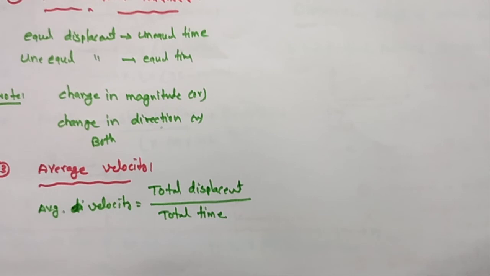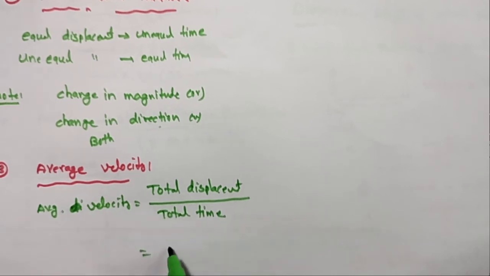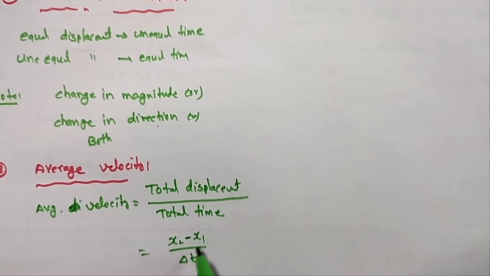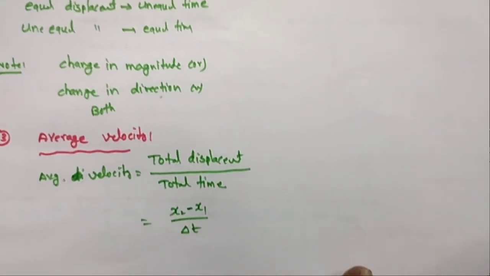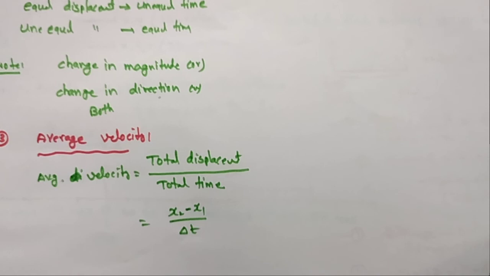So this is called average velocity. Here it is x2 minus x1 by delta t, where x1 and x2 are the initial and final positions.